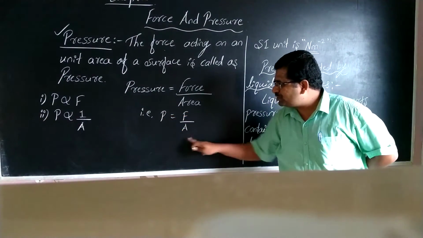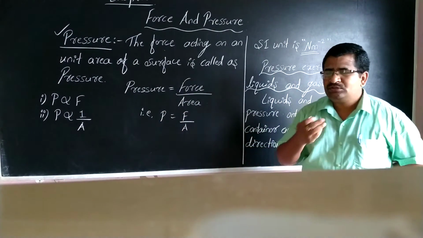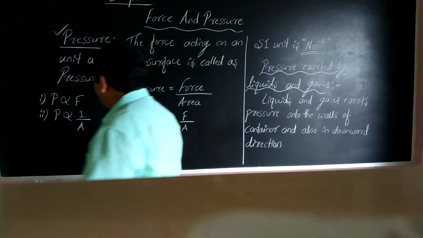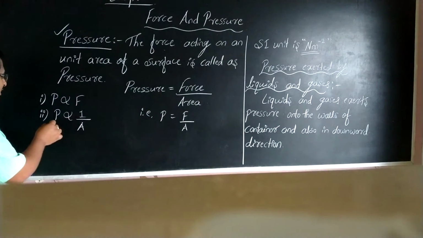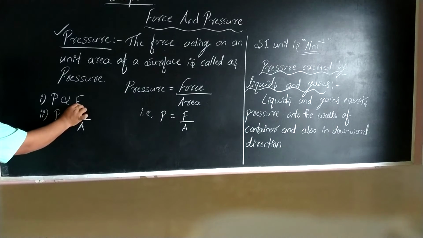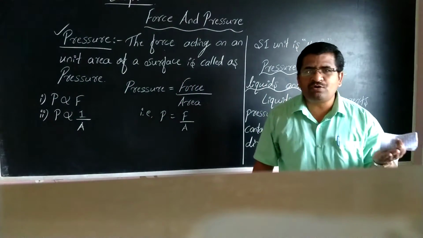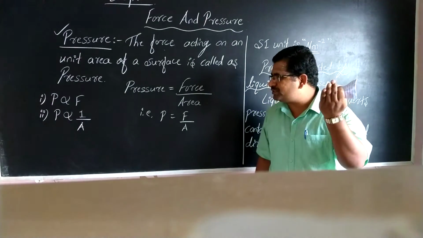According to this equation, P is equal to F by A, two deductions will come, and from this it is concluded that pressure is directly proportional to force. As the force increases, pressure on an object also increases.